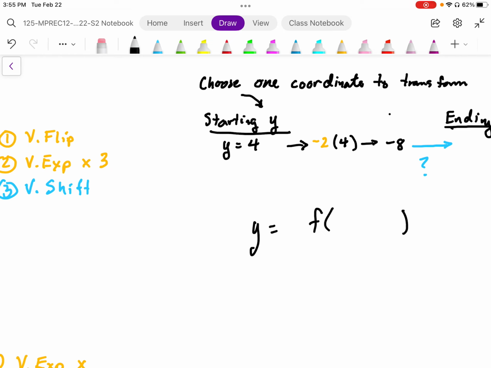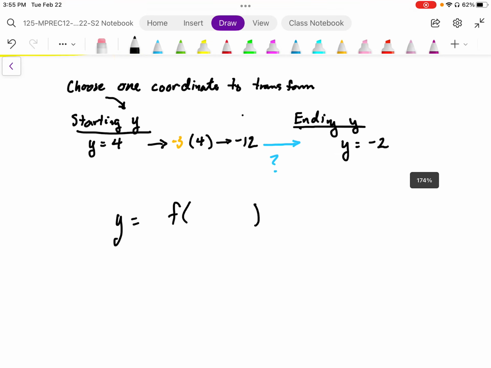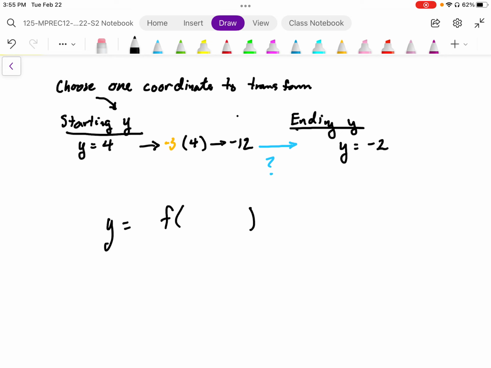So that means I'm going to times that coordinate of 4 by -3, and I'm going to end up at -12. So flipping gets me to -4, expanding by 3 gets me to -12, but in the end, that dot needs to be at -2.